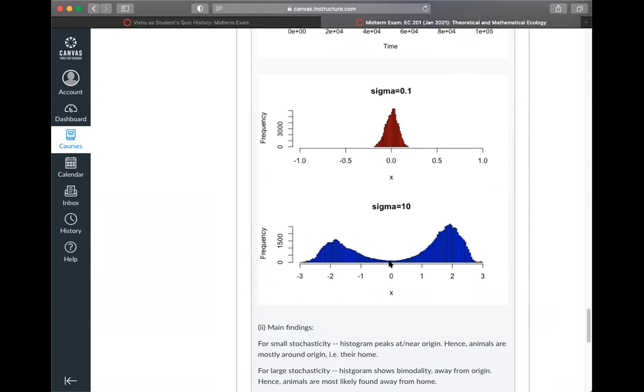Whenever they come near home, they're moving so randomly that they end up far away from home in one direction or the other. But can they keep on moving away? No, because they do have that minus alpha x pull towards home. They do want to come back home, but they also have a lot of randomness. Because of which they end up spending more time slightly away from home in both directions.